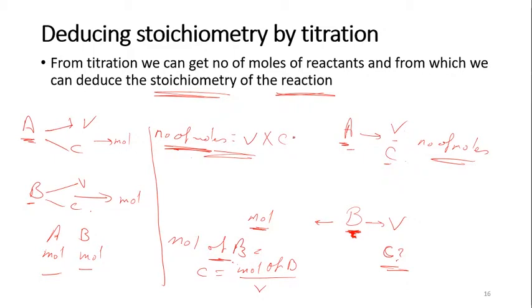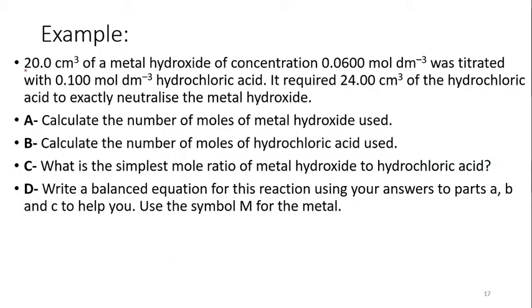Let's take an example. If I have 20 cubic centimeter of metal hydroxide of a concentration 0.06 moles per cubic decimeter titrated against 0.1 mole per cubic decimeter hydrochloric acid, it requires 24 cubic centimeter of the hydrochloric acid to exactly neutralize the metal hydroxide.